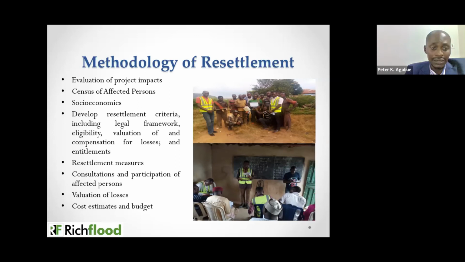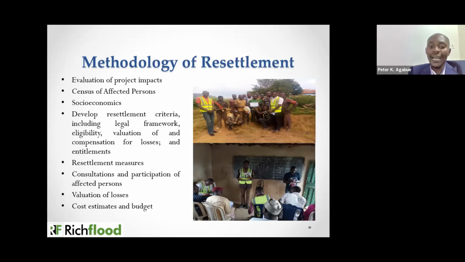It should be noted that the project affected persons, irrespective of their status or whether they have formal title, legal right or not, even if they are squatters or otherwise encroaching illegally on the land, are eligible for some kind of assistance if they occupy the project area before the cutoff dates.